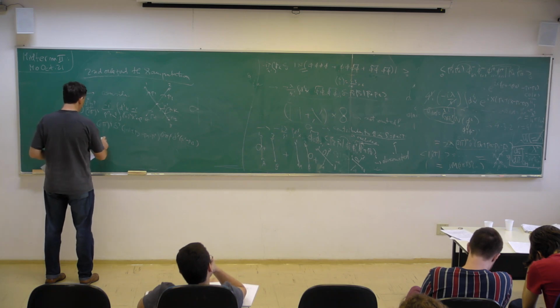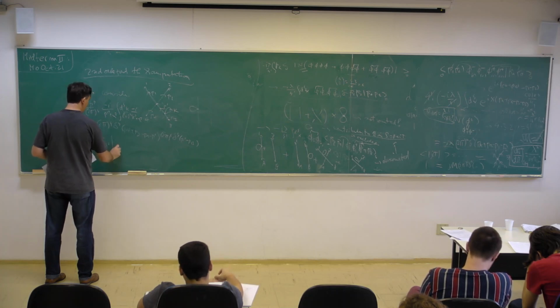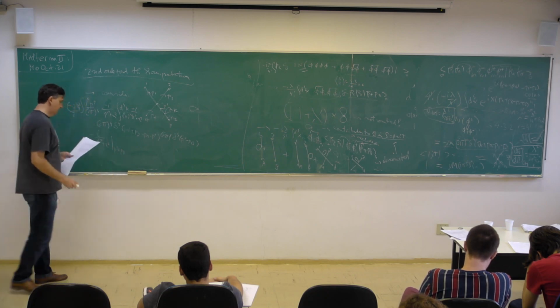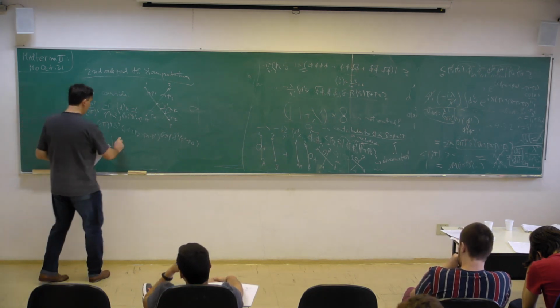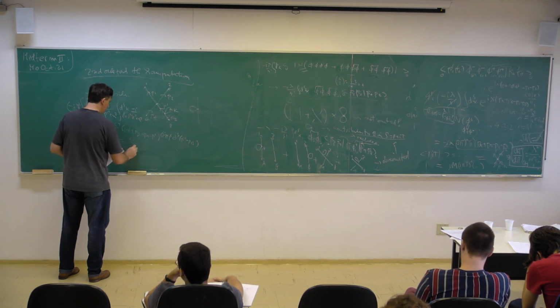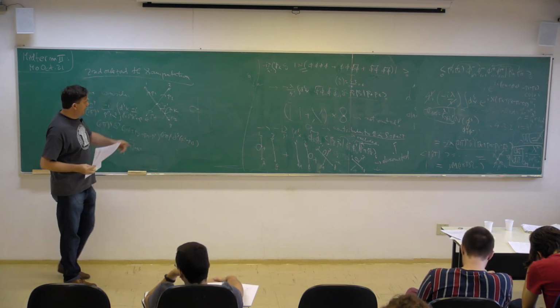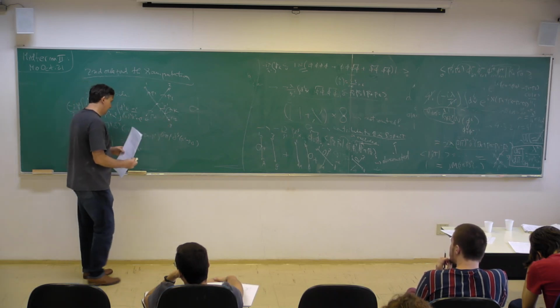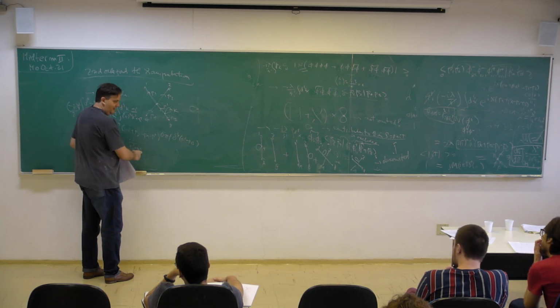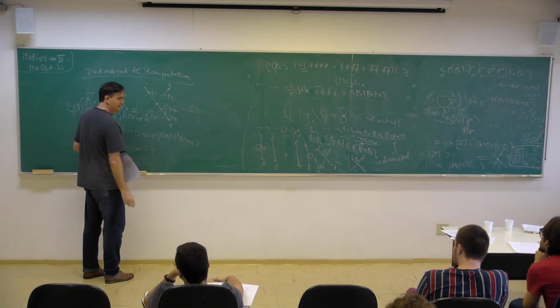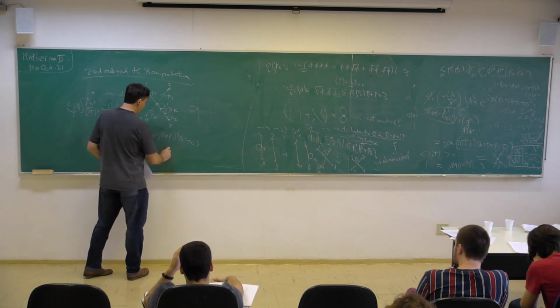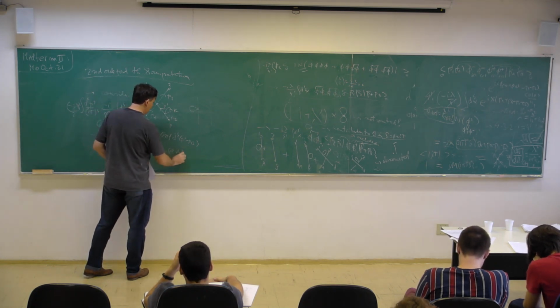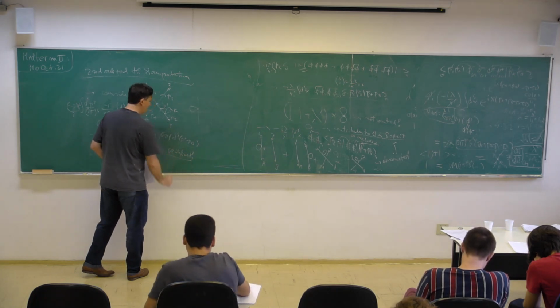So I get minus i over P prime squared plus m squared at P prime equal to PB. That is to say, minus i over PB squared plus m squared. But PB is an external line, so that's on shell, obviously. So PB squared plus m squared is 0. So this is minus i over 0. So that's ill-defined.